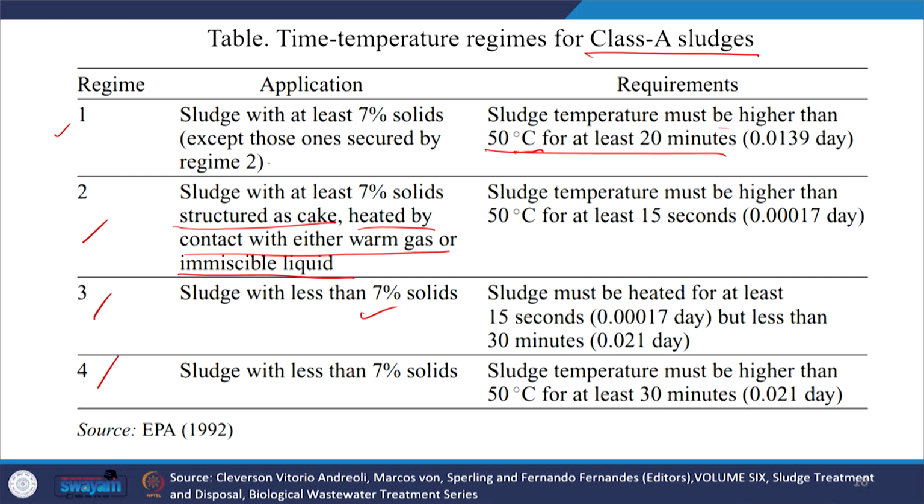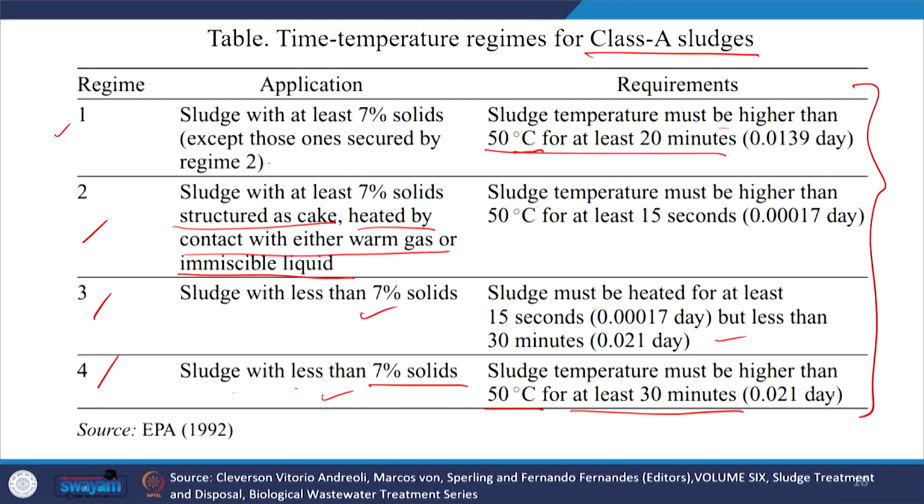Then in regime 4, the sludge temperature may be as high as 50 degrees centigrade for at least 30 minutes, because the solid content is less than 7%. So, exposure time has to be there, otherwise the thermal diffusivity will not happen. These are the requirements with respect to time temperature regimes for class A sludge during thermal treatment.